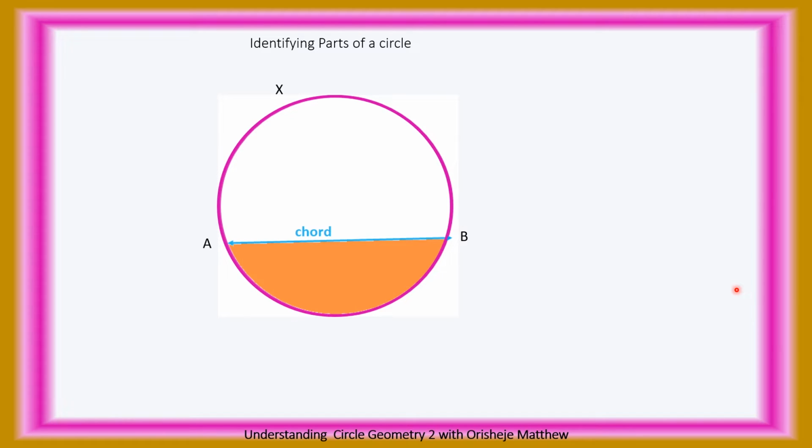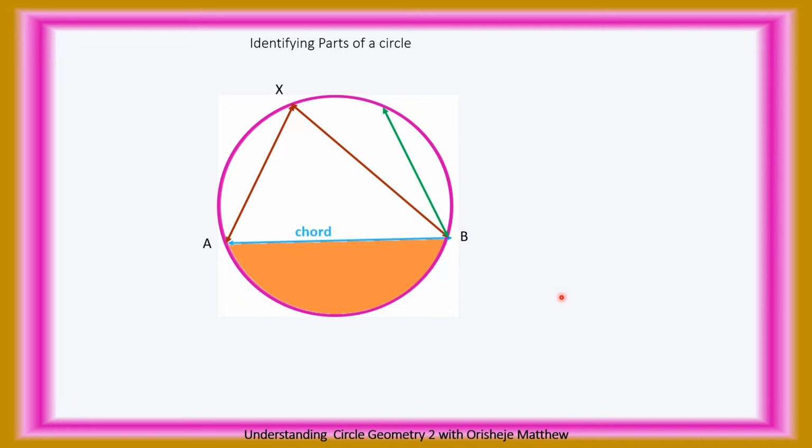Then connect point B to X, and also connect point A to X. So in this case, an angle is formed at this point, angle AXB.